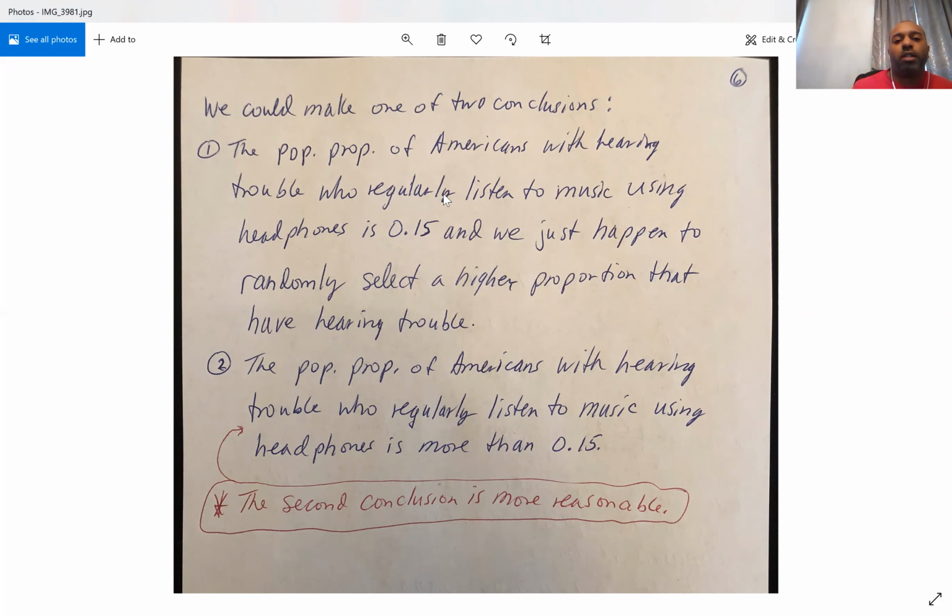They ask what conclusion you could make from the information you had. Those are the two conclusions you could come up with, and the second one is more reasonable: that the regular usage of the headphones is actually contributing to them having hearing trouble.